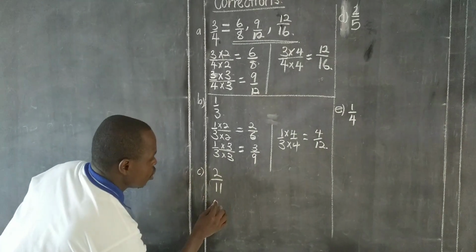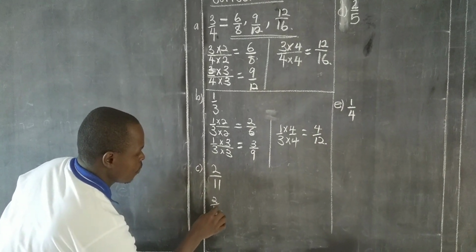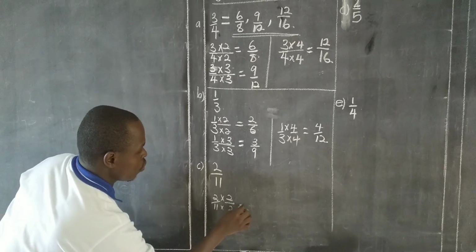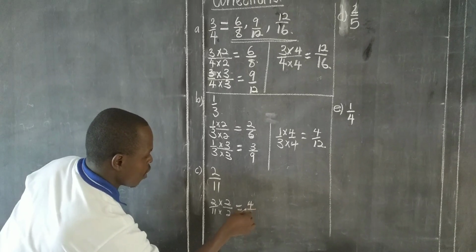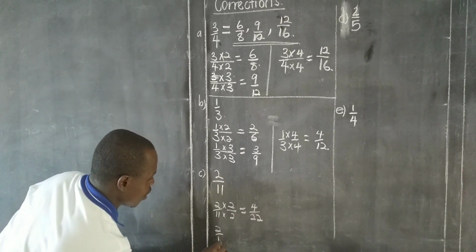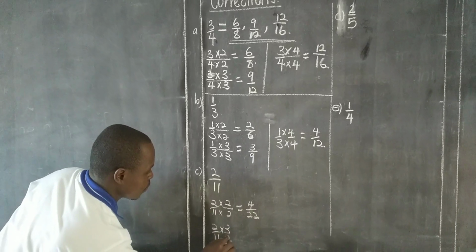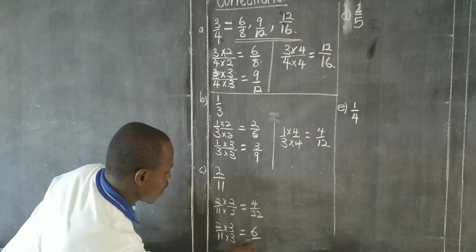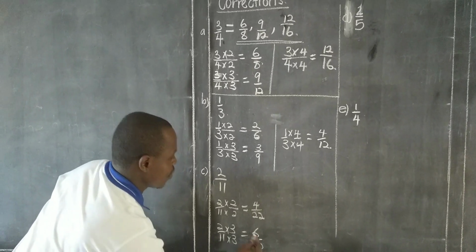This one will be 2 out of 11 times 2. This will give us 4 out of 22. Multiply through by 3, it will give us 6 out of 33.